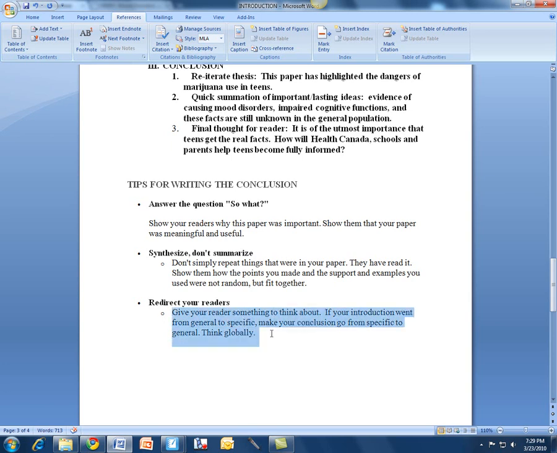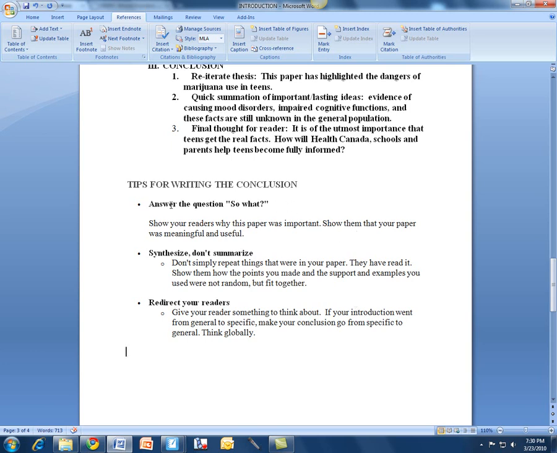I say that if in your introduction you went from the general to the specific, and perhaps you didn't, in your conclusion, you can go from the specific things you were talking about to looking at, say, the more global issue. Some of the things that we can ask ourselves and think about is something like, well, what if everybody did this? Or what if there were no laws protecting this? Or the what if scenarios, to imagine the consequences of whatever problem it is that you were discussing, if you were indeed discussing a problem.